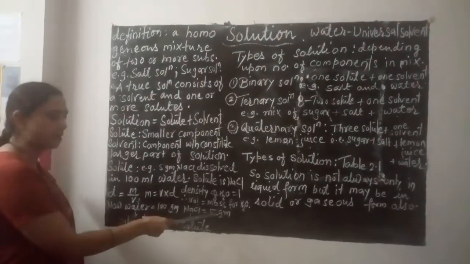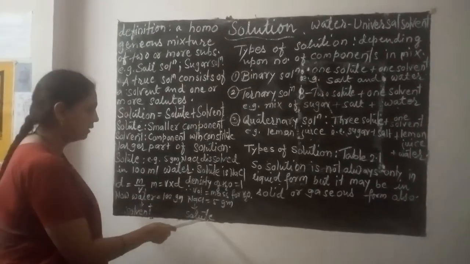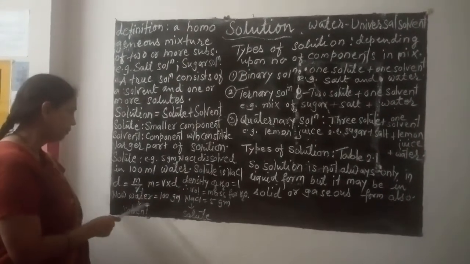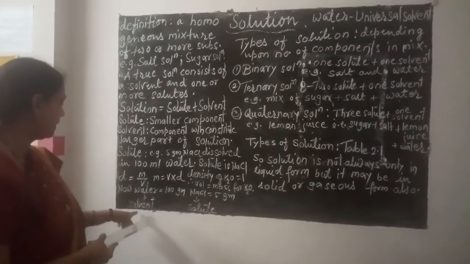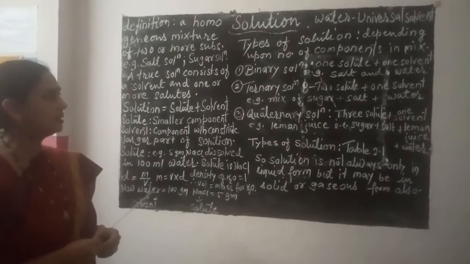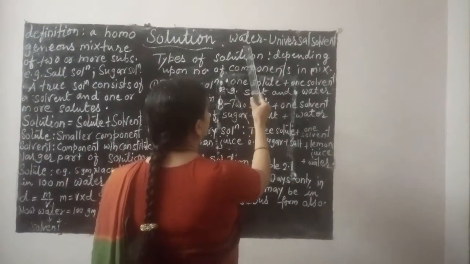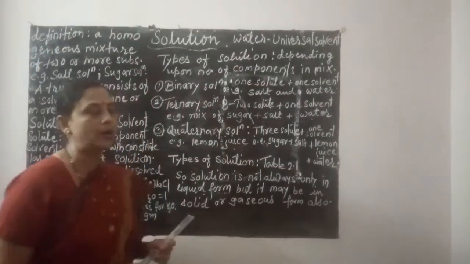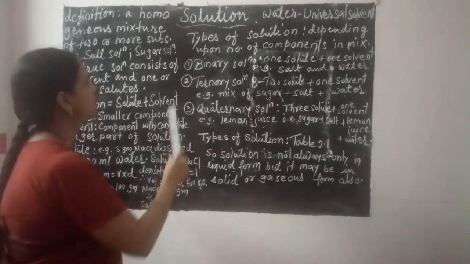So which is in lesser quantity? NaCl is 5 gram. It is in lesser quantity and therefore it becomes solute. Water is 100 gram and therefore it is larger in quantity and hence it is known as the solvent. So also remember this thing, water is a universal solvent.